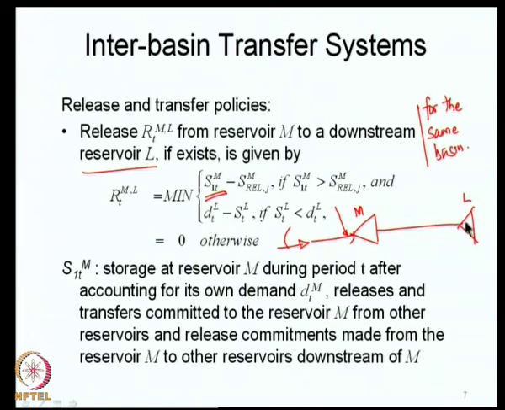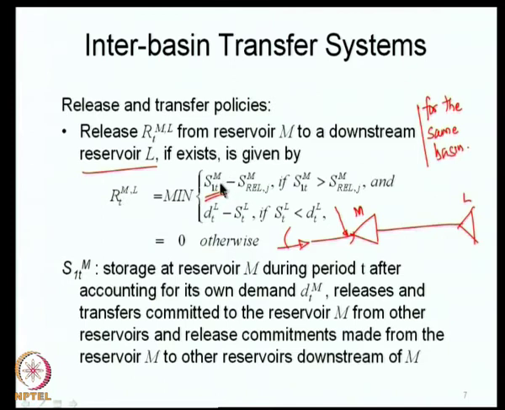At the storage L now, what is the deficit? DTL is its demand and STL is its storage after accounting for whatever you have got from there. So, this is the deficit there, and this deficit you have to meet from this particular reservoir.